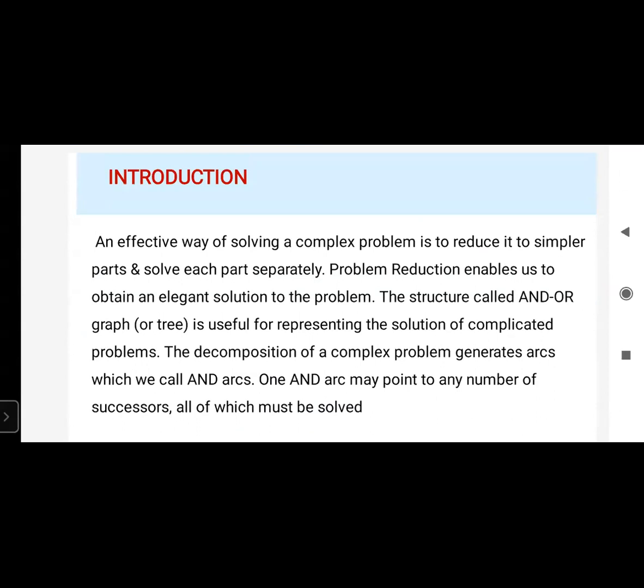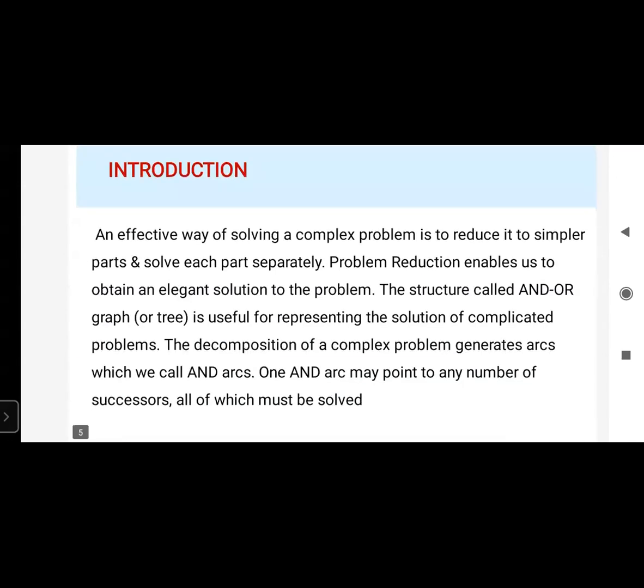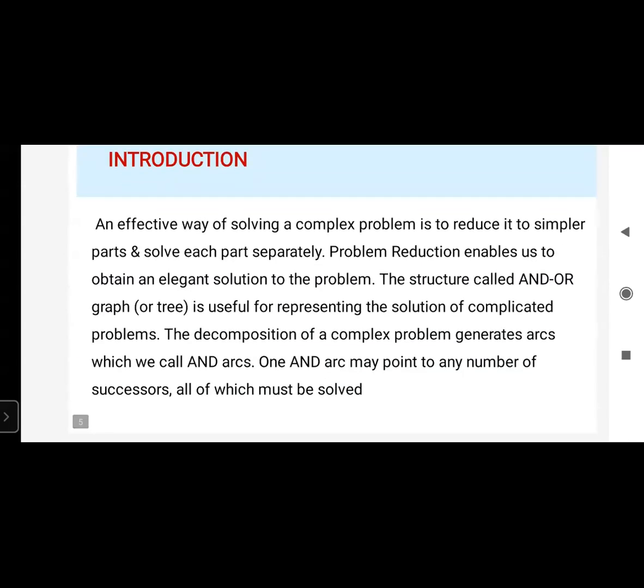So in the previous class, I told you that when we have a big problem, we need to divide the big problem into a smaller number of subproblems, so that we can solve the smaller subproblems separately.